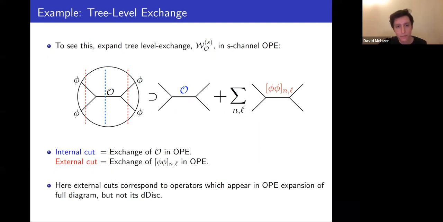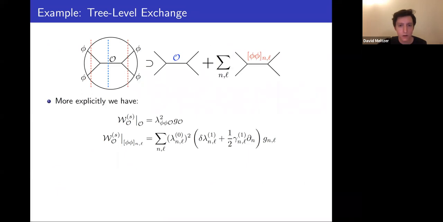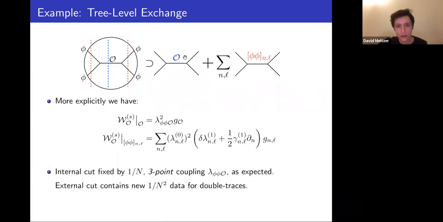There is a map between the language I'm using here about cuts and operator exchanges and the cuts I gave before. But the simplest way to think about this is that the cuts let us read off what operators appear in the OPE. So more explicitly, the contribution from this single particle cut is proportional to my tree level 1/n 3-point coupling squared.